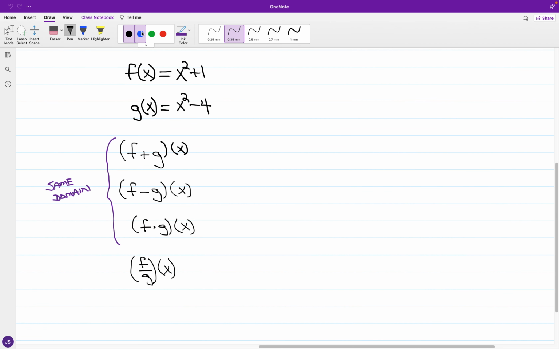So we have our f of x itself. We have no restrictions. And since f of x has no restrictions, the domain of f of x is going to be the set of all real numbers.